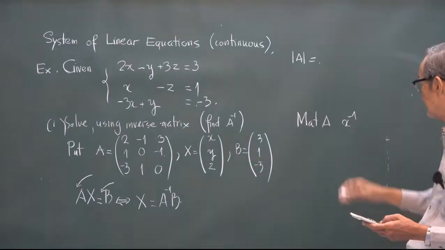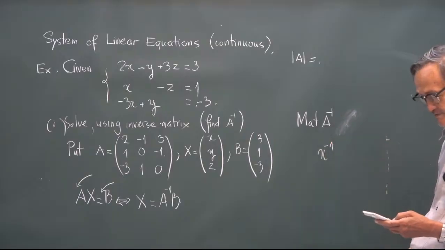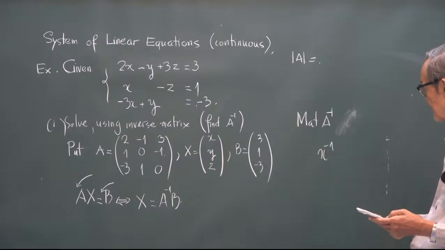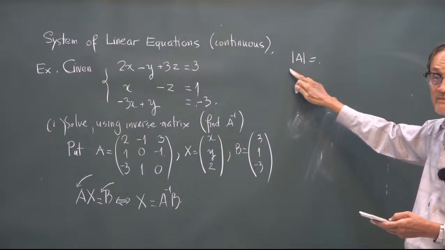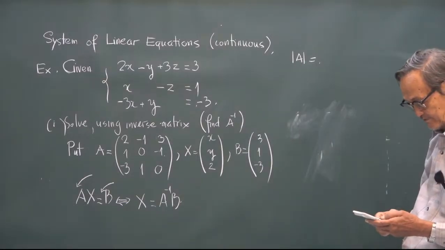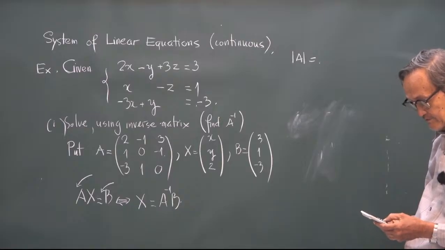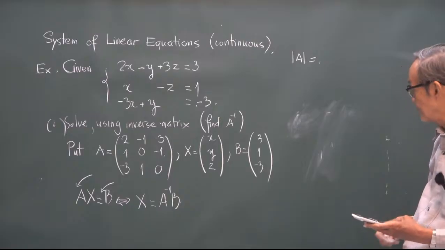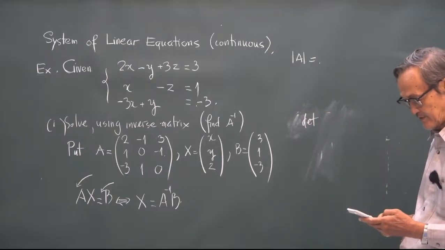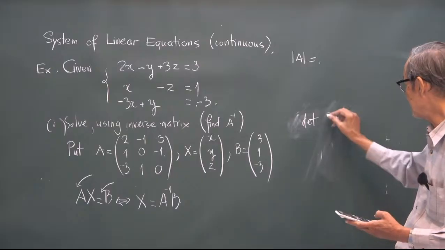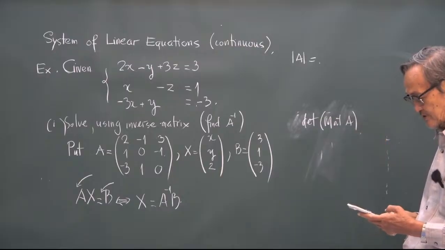Okay. Here we compute the determinant of A. Option determinant number 2, then option number 3 mat A equals 2.